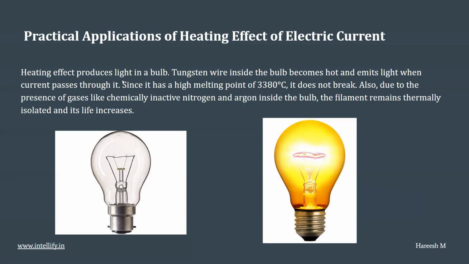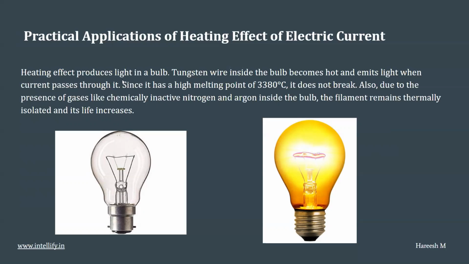That is how the bulb glows. When you connect this bulb to a circuit, the tungsten wire converts the electrical energy into heat, and this heat is converted into light. So the bulb uses the heating effect of electric current.